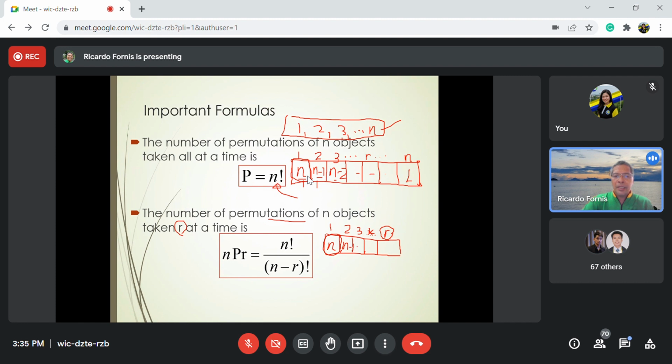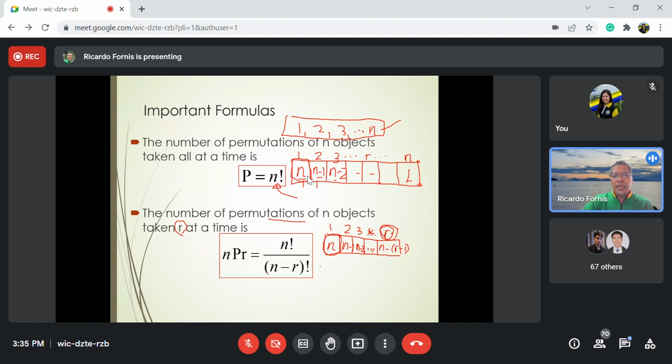In the third box, n minus 2, and so on. In the Rth box, this is represented as n minus R plus 1. Right? Because the second box is n minus 1, the third box n minus 2, the fourth box n minus 3, and so on.